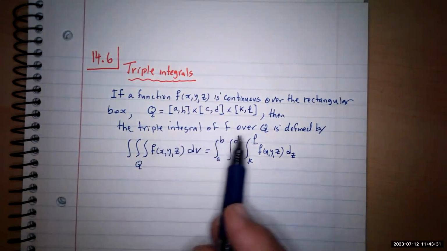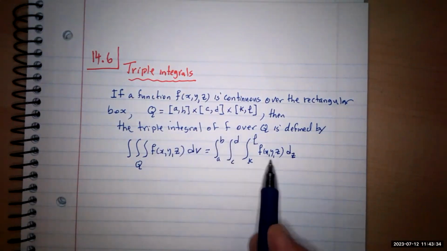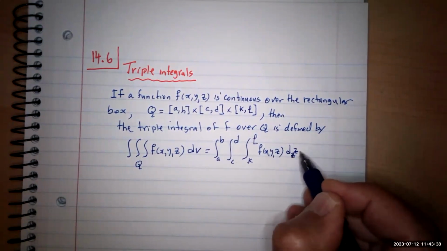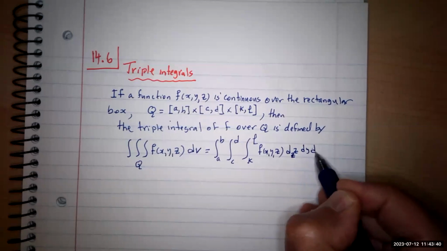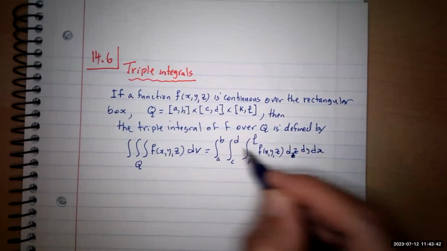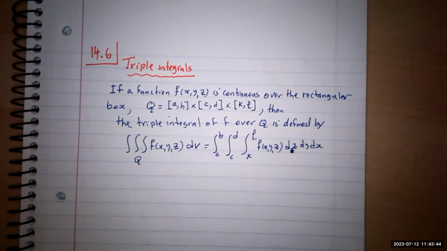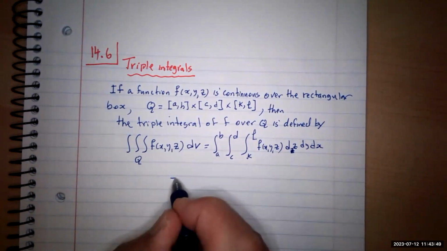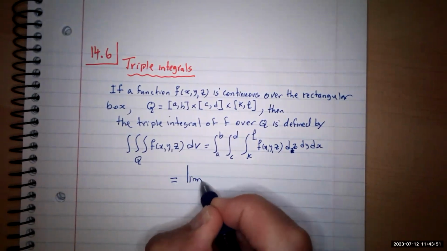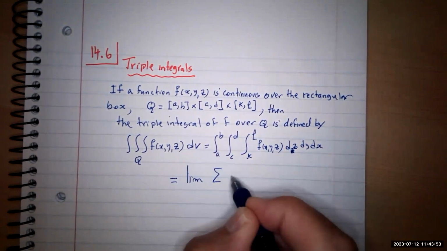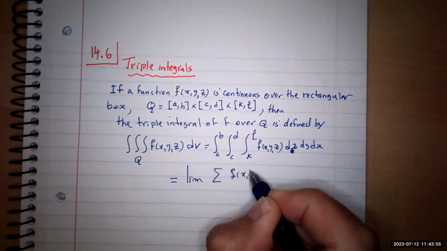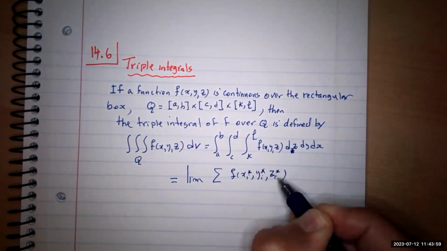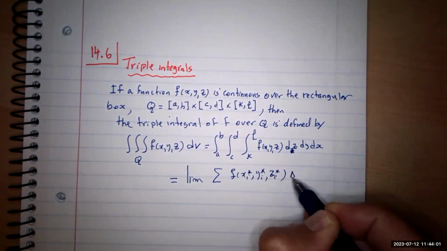But as I write it down over here, I integrate with respect to dz first, then dy, then dx, or I can do it the other way around. So it is defined by this one. As we did before, it is a limit of partial sums, something like f of xi star, yi star, zi star times delta vi star.